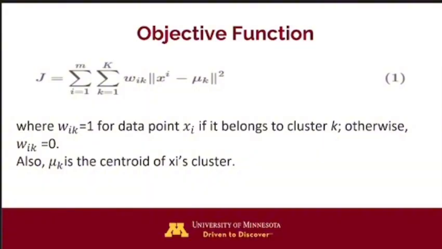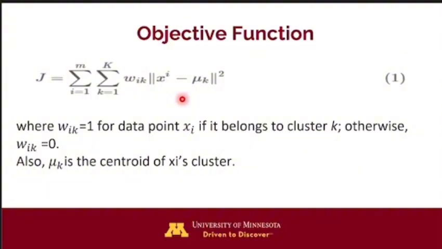Then I want to minimize equation 1 here. What is M? M is the number of data points that I have. K is the number of clusters. W is the binary assignment, which says whether you belong to this group or not.